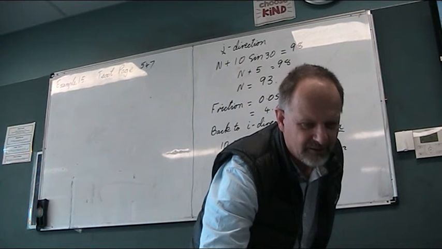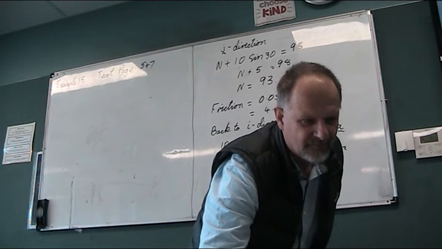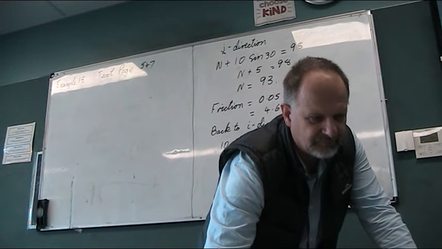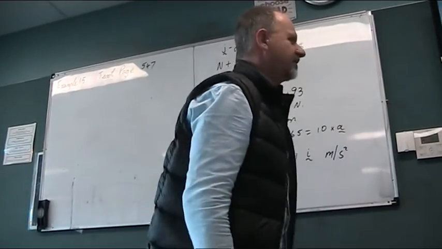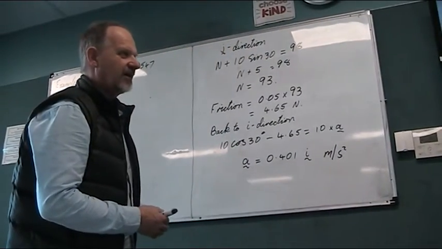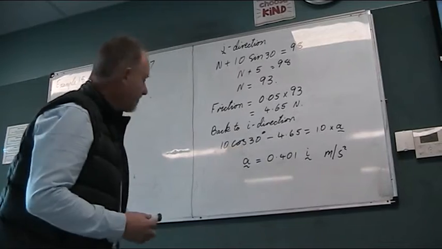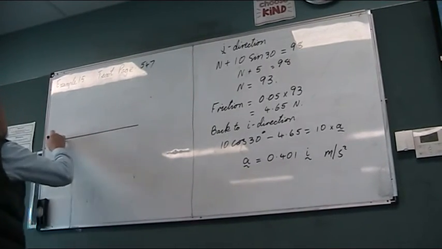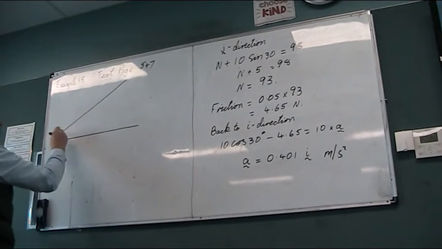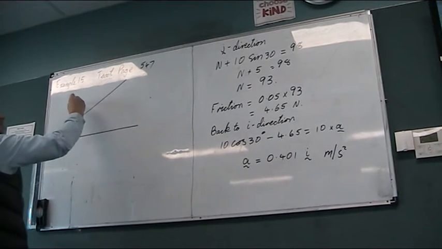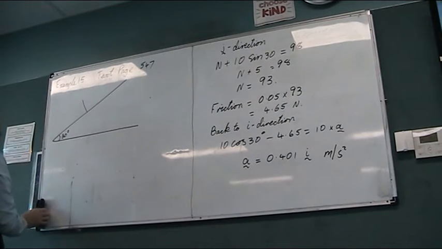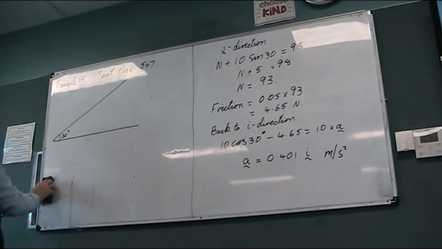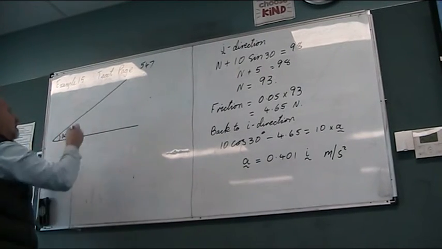Alright, there it is. Particle of mass 5 kilos lies on a smooth plane inclined at 30 degrees. So there's our 30 degrees. Here's our 5 kilo mass.